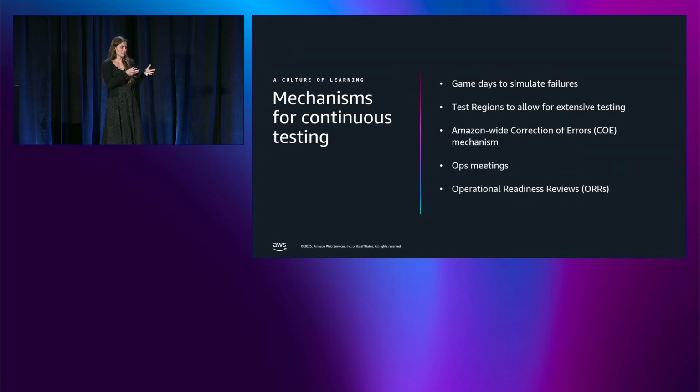So after we've mitigated the impact of an event, the service team will actually go in and do a root cause analysis. So they'll author this document. There's a specific format for it. There are tight deadlines around it. And you really dive deep into what caused the issue. You assign action items to your own engineering team and to other engineering teams to close gaps. And the primary thing here is it's not meant to be punitive.